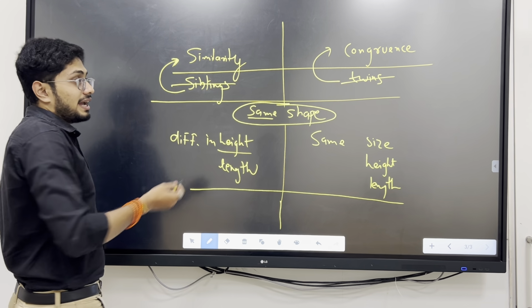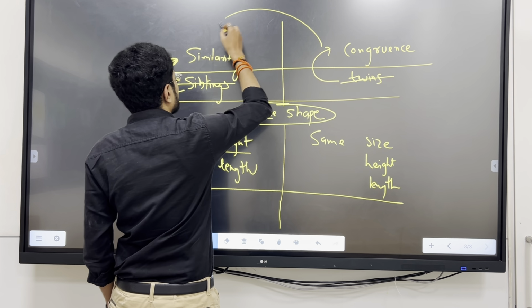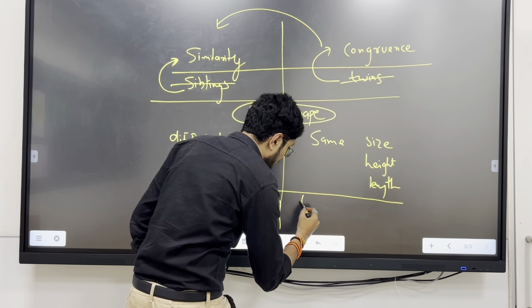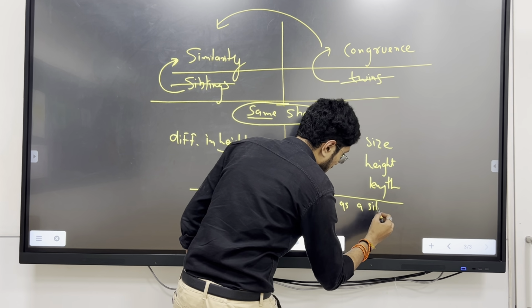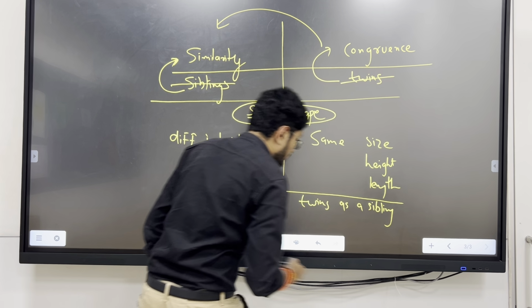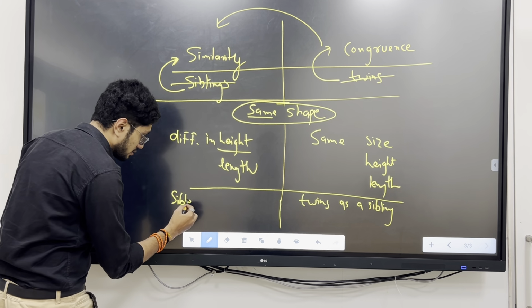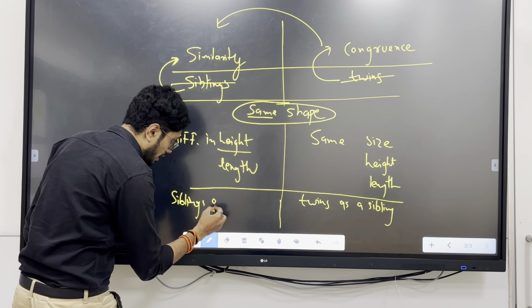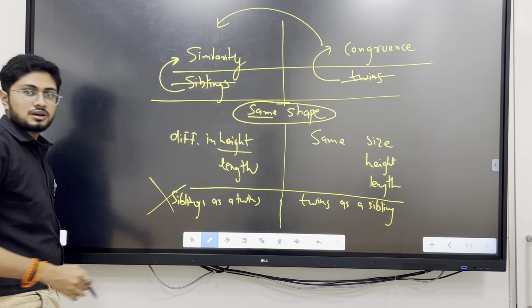We can address every twin as a sibling, but we cannot address every sibling as a twin.